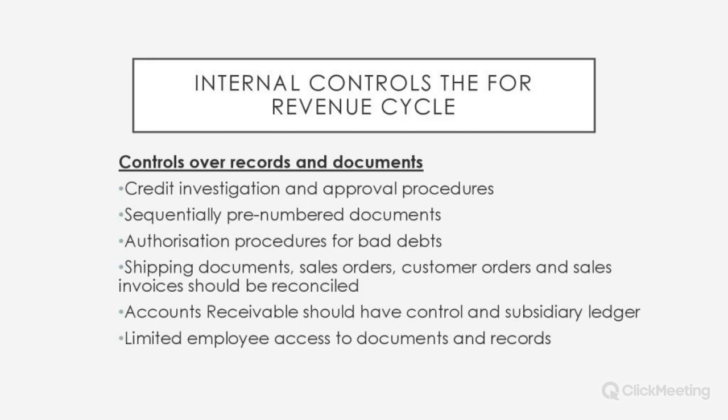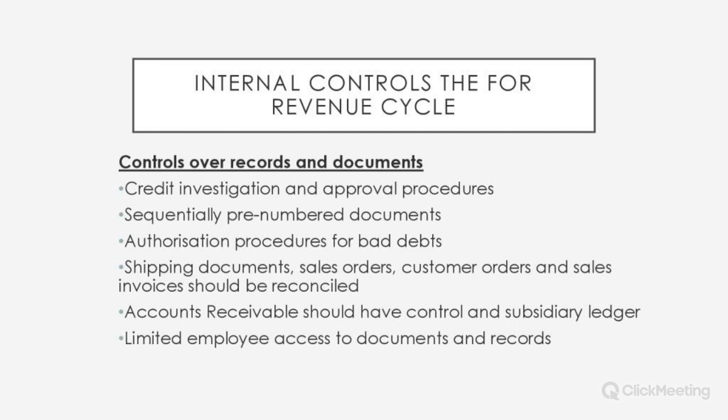Shipping documents, sales orders, customer orders, and sales invoices should be reconciled very often, because without reconciliation, you would not get to know what you have missed. And this is where a lot of fraudulent transactions can take place.